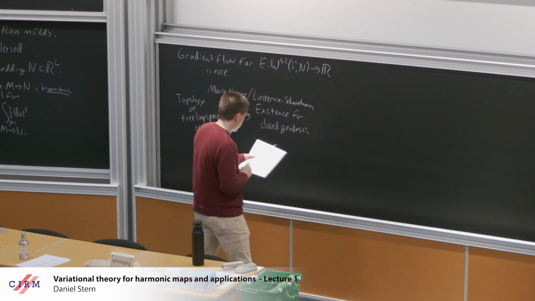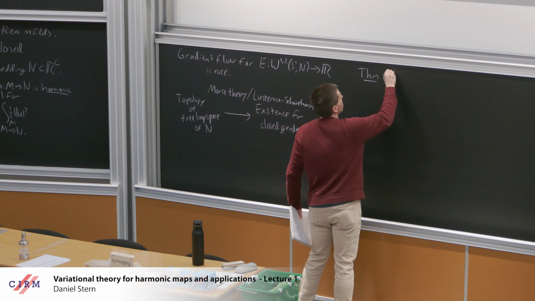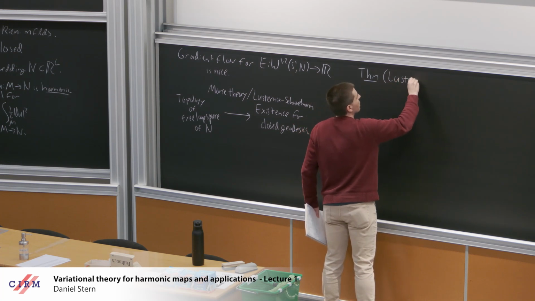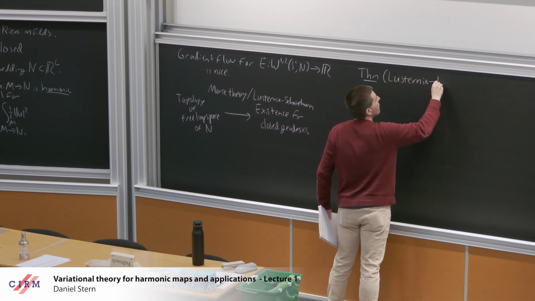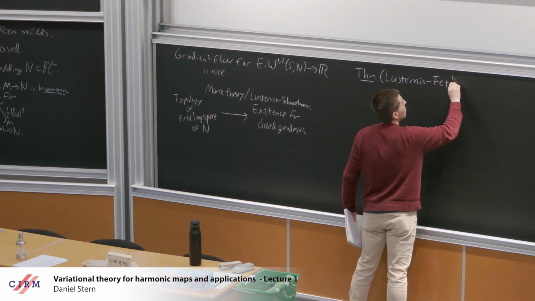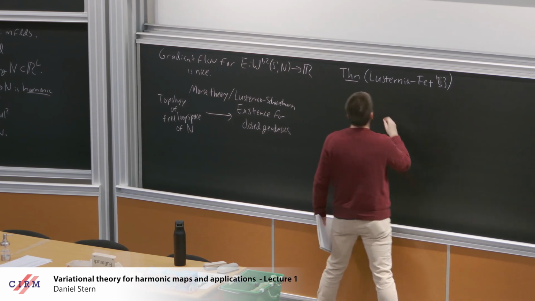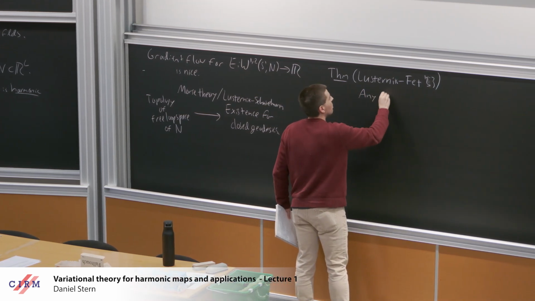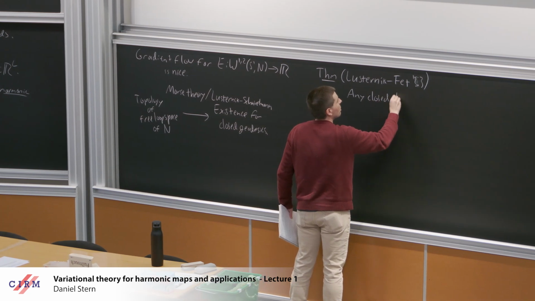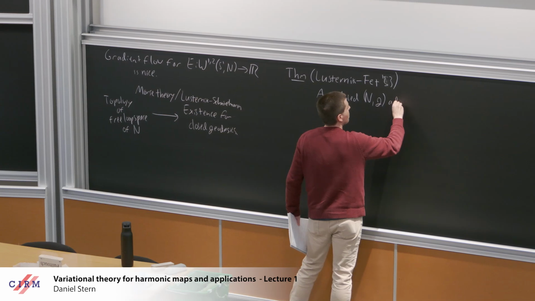So for instance, this gives you, by the 1950s, the result of Lusternik and Fet, I think 53 or 54, that any closed manifold admits a closed geodesic, a non-trivial one.